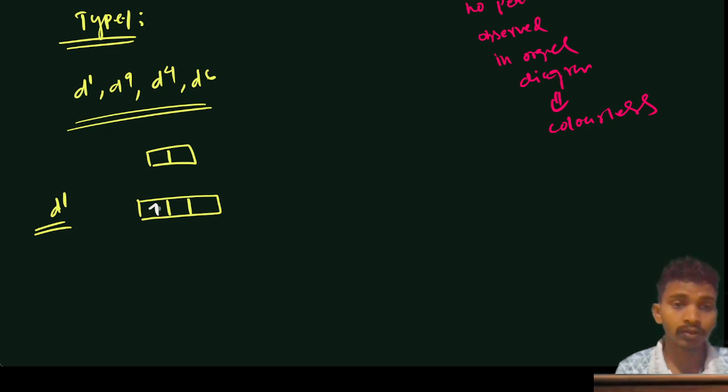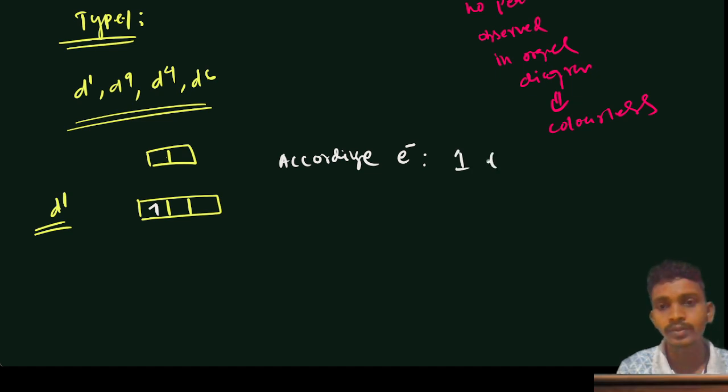One electron is there, so one transition. According to hole, hole means how many spaces are there. For one electron we have 2 spaces here, so according to hole, 2 transitions are possible.